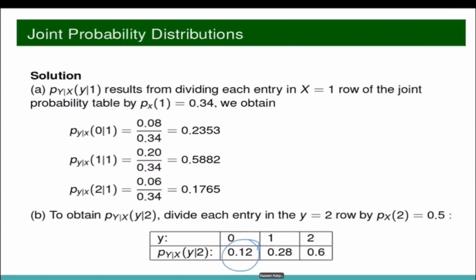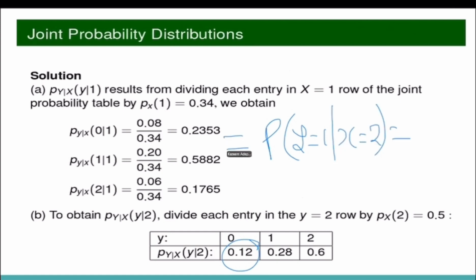Now, the probability of y equal to 1 given x equal to 2 is the second one, which is P of y given x. Our y is now 1, so I want to consider 1.